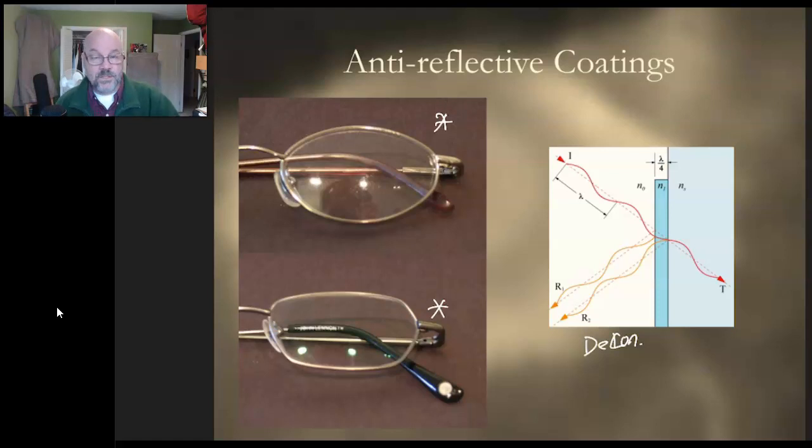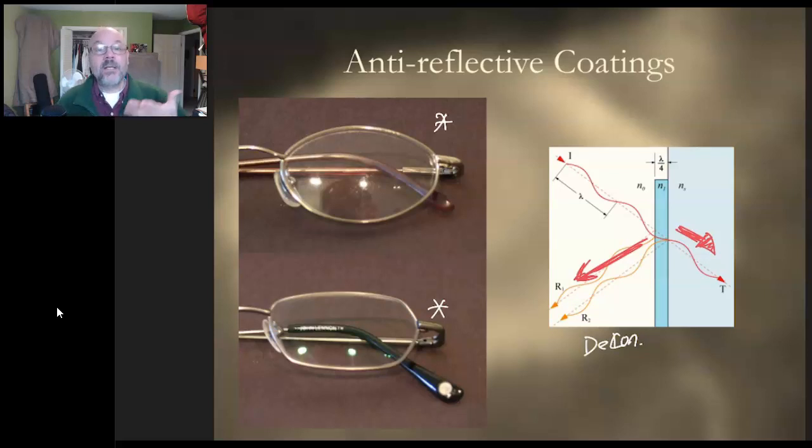Now, why would you do that? Well, it's because if you have less energy reflected over here, then you've got more energy on the inside. So when you look through these glasses, it's going to be a little bit easier to see through them.